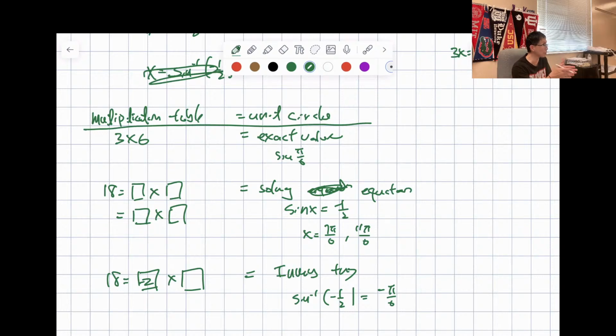Because of some type of restriction, I restricted to -2 times something, so the other one has to be -9 rather than +9, 3, 6, 1, or 18. So sine inverse has some type of restriction. Where sine x equal to -1/2 has no restriction, except the restriction between 0 and 2 pi. That's it.